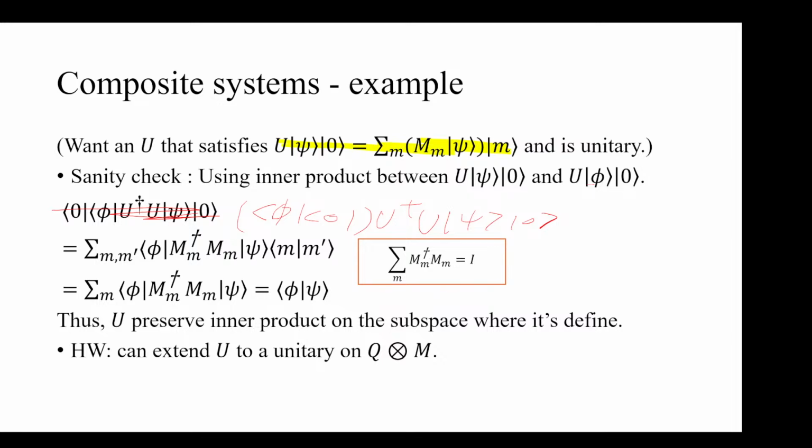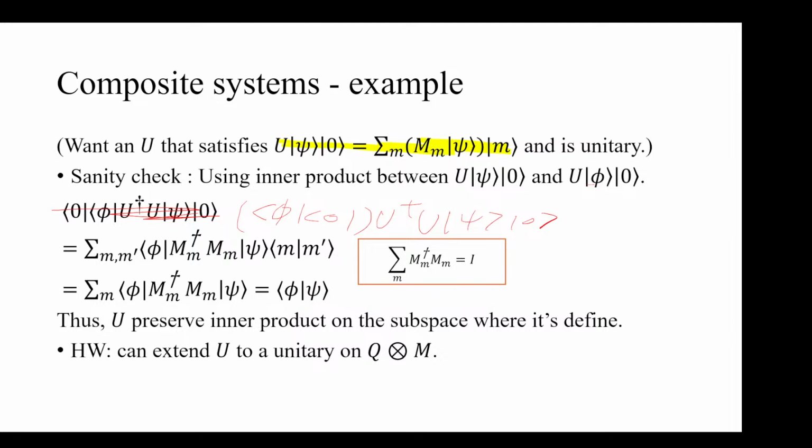Okay, and so the inner product between this thing and the next one should be correct, and so we apply this equation on both of them. Okay, and so this U phi 0, by definition here, is a summation over m of m phi and tensor m.